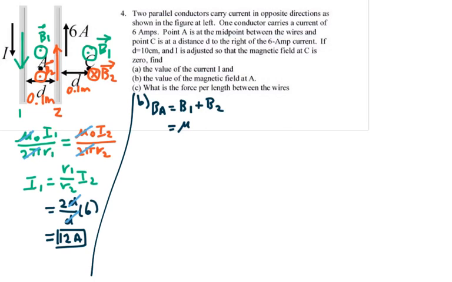So this is going to be equal to mu naught I1 over 2 pi R1 plus mu naught I2 over 2 pi R2.